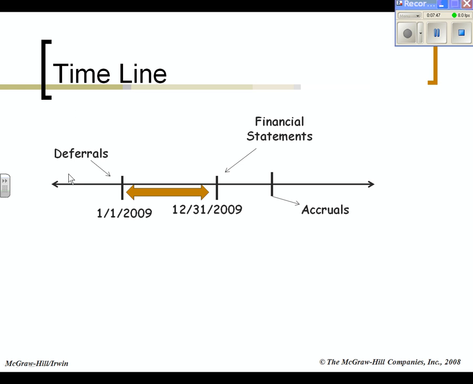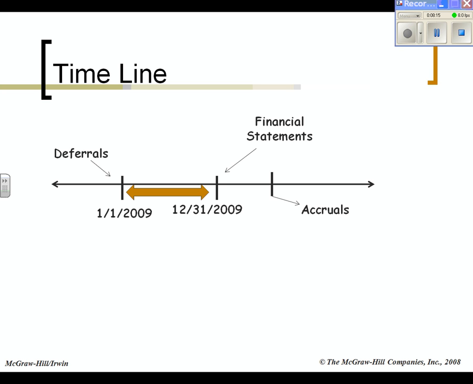A deferral meaning I've paid cash or I've received cash, but you know what? I haven't earned that revenue yet, or I haven't incurred that expense yet. So at the end of the year, I'm going to look at those prepaids or maybe that unearned revenue and determine whether I need to now bring it into this period, into the 2009 financial statement year.